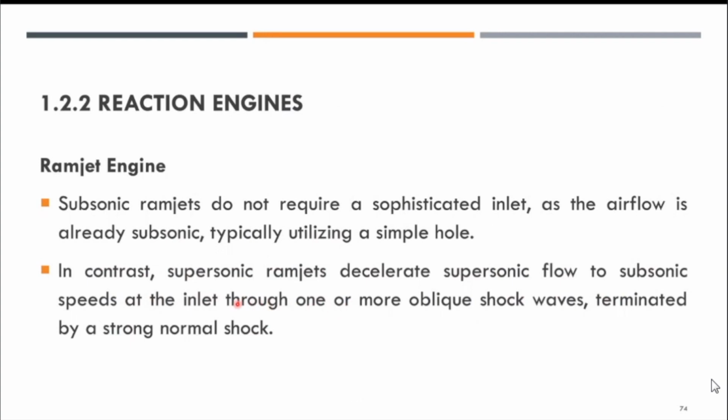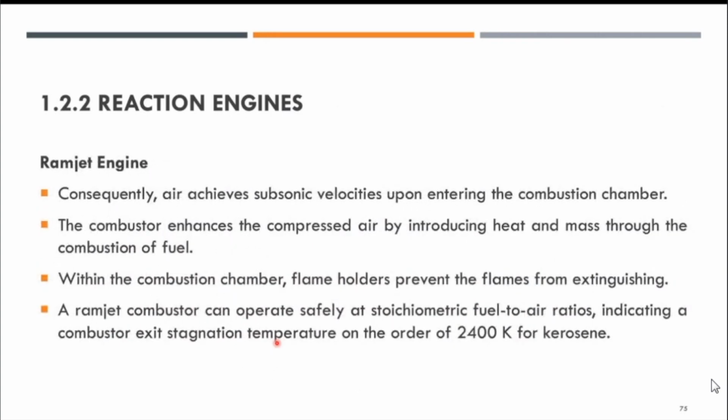It will go through the inlet through one or more oblique shock waves, terminated by a strong normal shock. Normally in your compressible flow aerodynamics, you will learn more about the effect of these oblique shock waves and normal shock. Consequently, the air achieves subsonic velocities upon entering the combustion chamber.